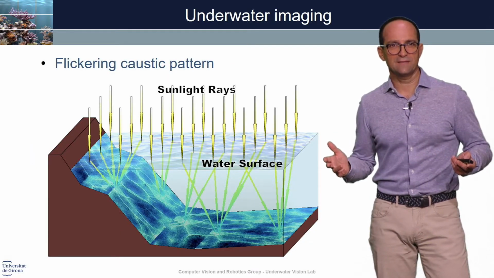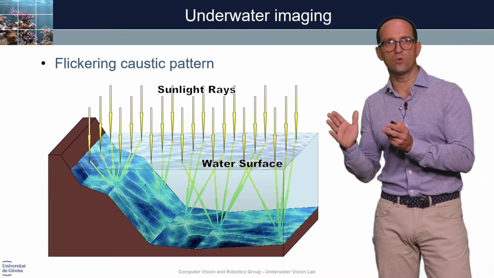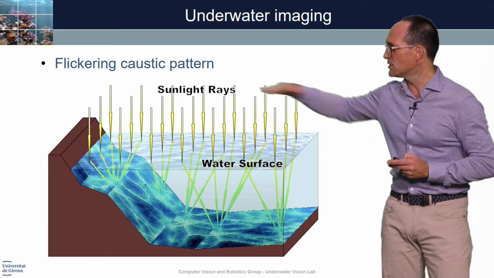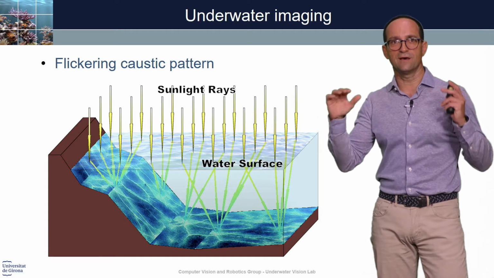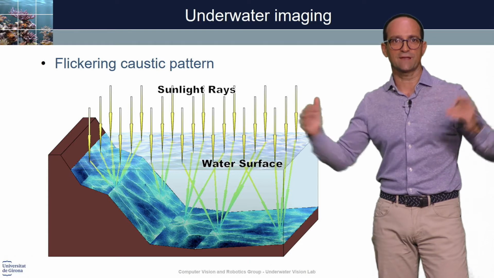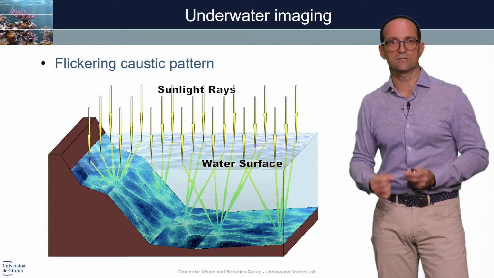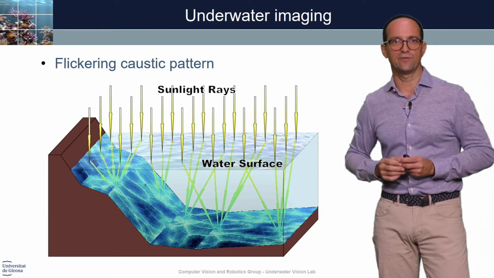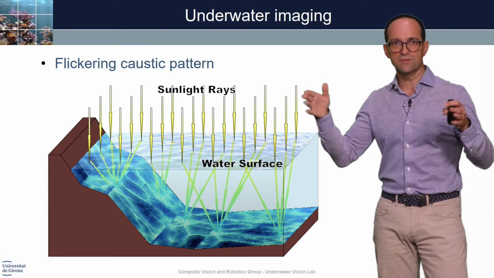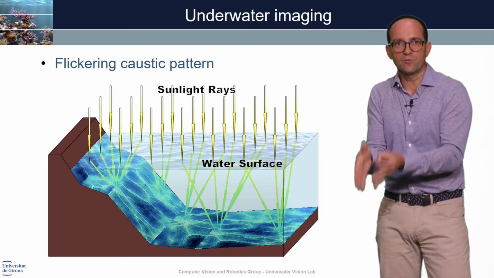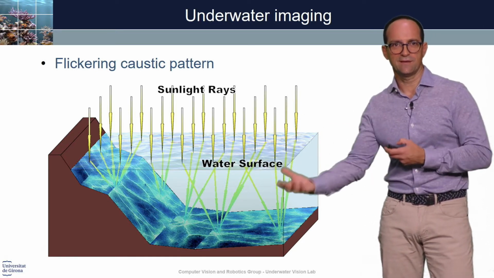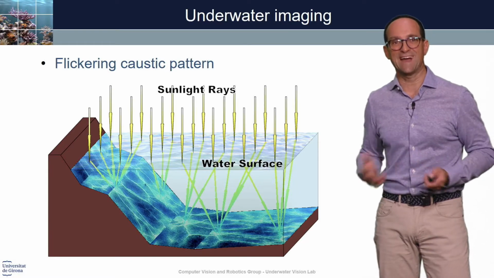Then, as I said, this is a situation in which we were in shallow waters, and in shallow waters we still have other problems, like this flickering caustic pattern, which is because of the surface of the water. The rays of light that are coming from the sun are being refracted, changing direction because of the surface of the water, and in this change of medium from air to water, some of these rays concentrate in a given area and provide bright spots, and they disappear from other areas where they should be lighting, and then generate other areas that are darker, okay?